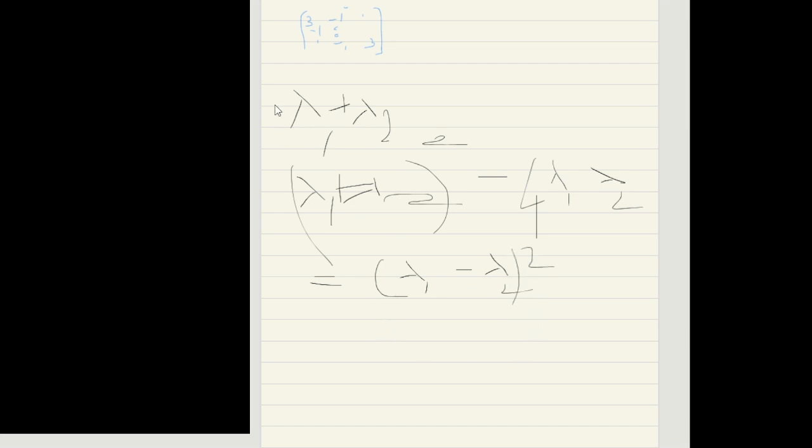From that you can get lambda 1 plus lambda 2 and lambda 1 minus lambda 2. You can add or subtract and easily find lambda 1 and lambda 2. But here we got them directly, so no problem.